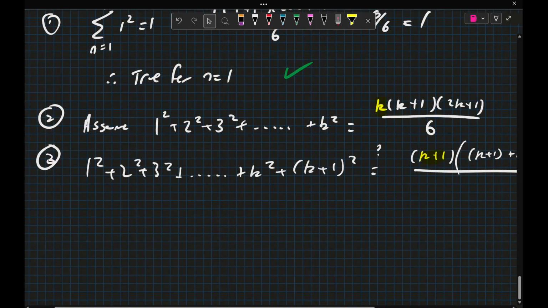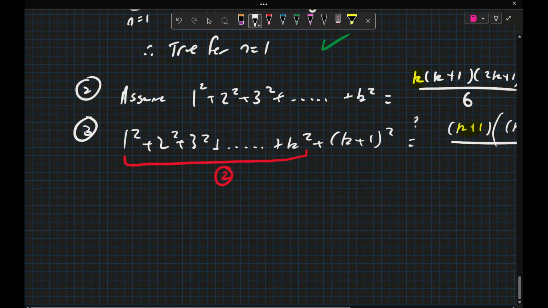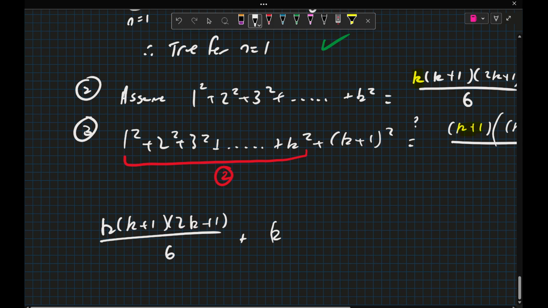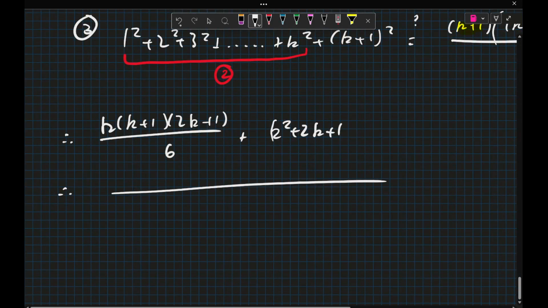So what we're going to do is take this 1 squared plus 2 squared plus and so on, up to k squared, and label that as 2. So we're going to take it from the assumption case, and we're now going to have k times k plus 1 times 2k plus 1, over 6, plus k plus 1 squared, which I'm going to write as k squared plus 2k plus 1. Now we want this all over 6. So I'm going to expand this out first.